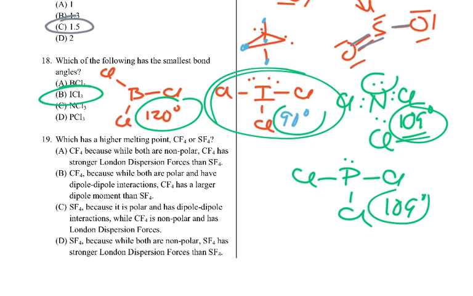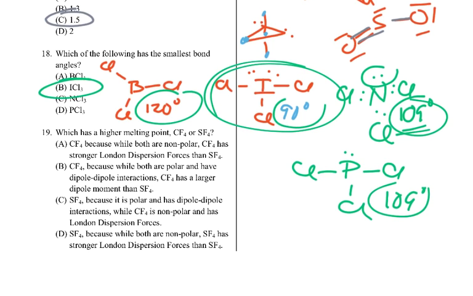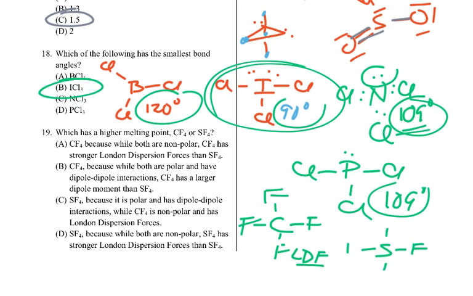19, which has a higher melting point, CF4 or SF4? Well, CF4, carbon can make 4 bonds with the fluorines. That's going to end up being tetrahedral, so it's going to be LDFs holding this together. And SF4, sulfur has 6 valence electrons, so it can make 4 bonds with the fluorines.